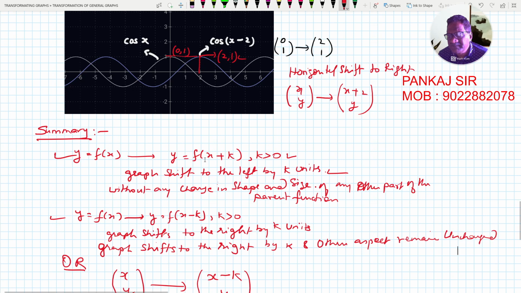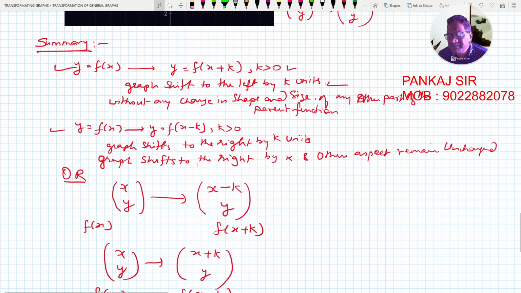Now this can be understood in a different way also. Suppose you have a point x and y, which can be written in the form of a column vector xy. This is the x coordinate and this is the y coordinate. Now this is a point on a function f of x, and this is a point on a function f of x plus k. So whenever there is plus k, from the x coordinate you have to subtract k, and the y coordinate you have to keep as it is, invariant.